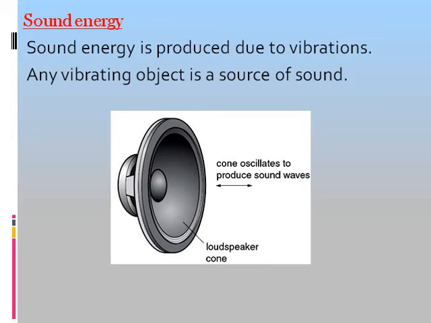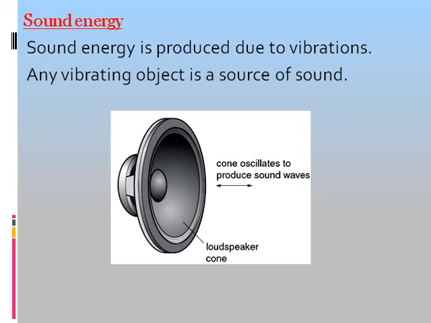For example, giving the example of an electric power station, water is stored in a reservoir at height, so it has gravitational potential energy. Then it is released through the penstock, the pipe which leads the water to the turbine. So it now has kinetic energy due to motion.